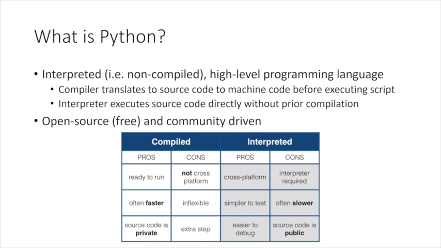And this allows the executable to run a lot quicker. But there's also a lot of cons with this, in that it's not as easy to debug or test out. Whereas Python or MATLAB, for example, is an interpreted language. So you can execute source code directly without any prior compilation. And as I mentioned, this makes it a lot easier to debug.